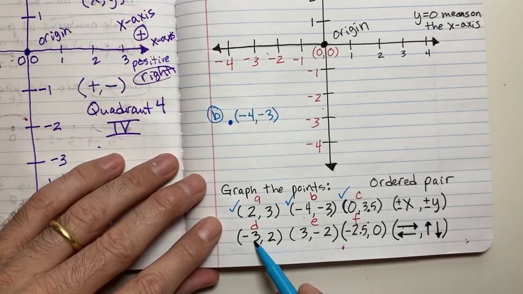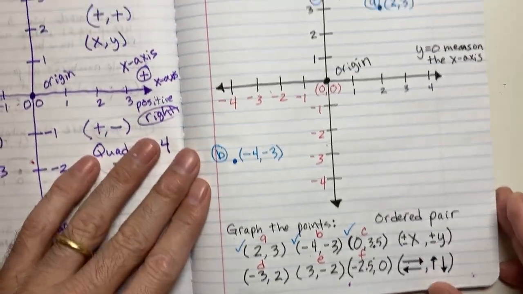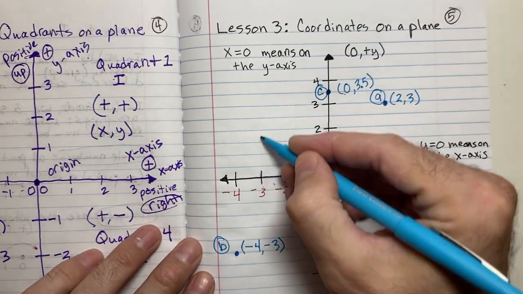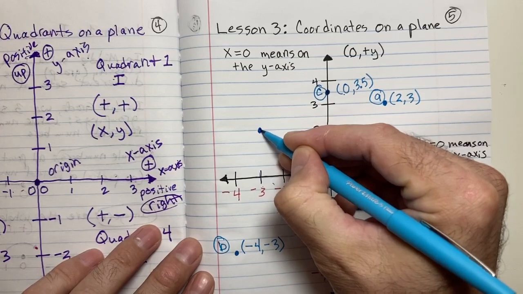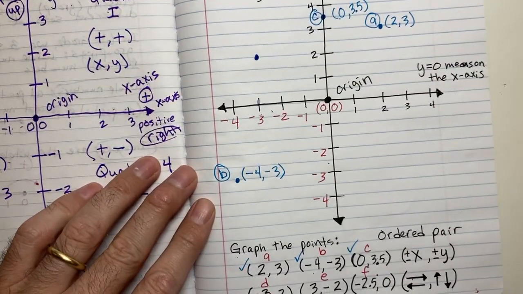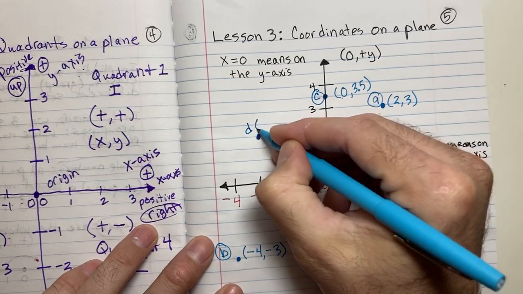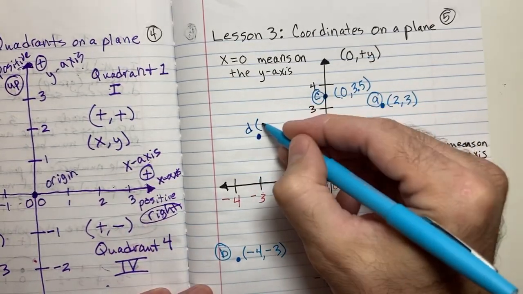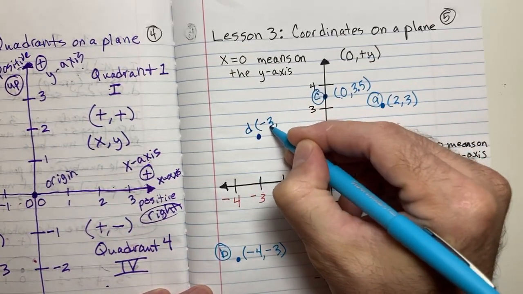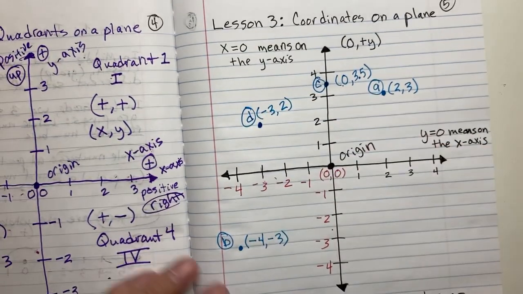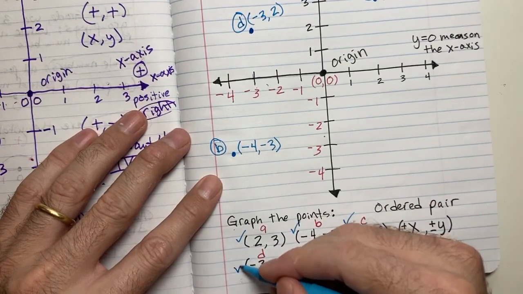So starting at the origin, we're going to go left 3, up 2. Let's label that, and that's point D. We went left 3, -3, and up 2. We got our point here.